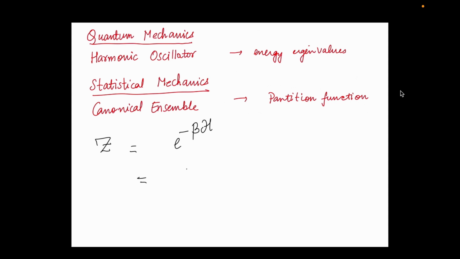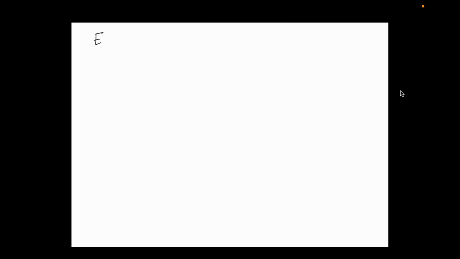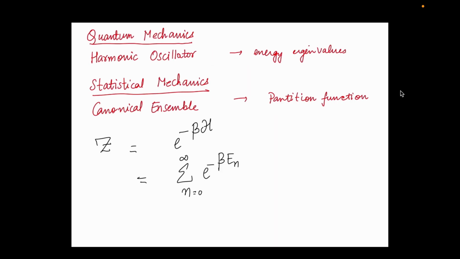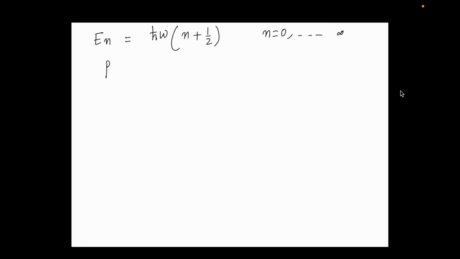What you really need is the energy eigenvalues of the simple harmonic oscillator, which is h bar omega into n plus half, where n goes from 0 to infinity, and beta is 1 by kBT, with kB the Boltzmann constant and T the temperature.